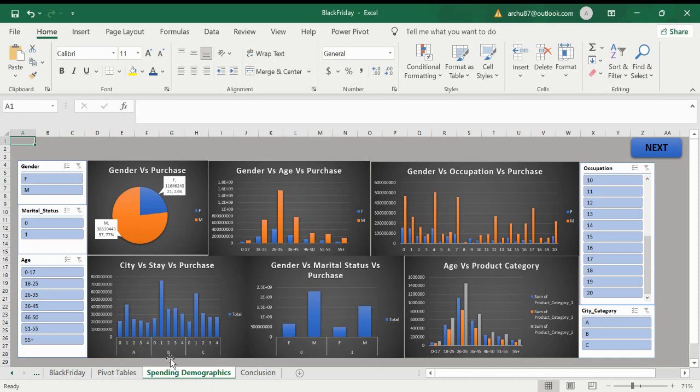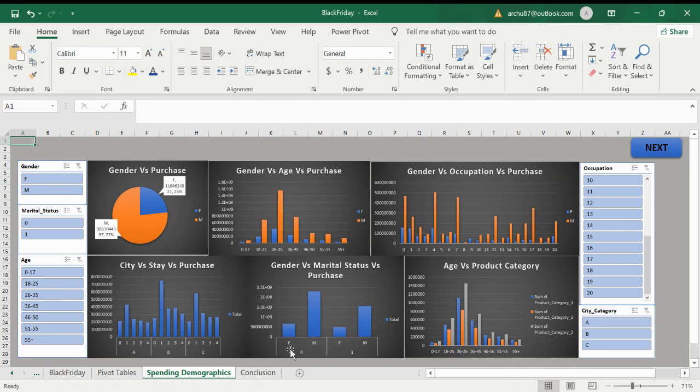And if I have to say with the city, city B has more purchasers. Sorry, the ones who are staying for 1 year are purchasing more.